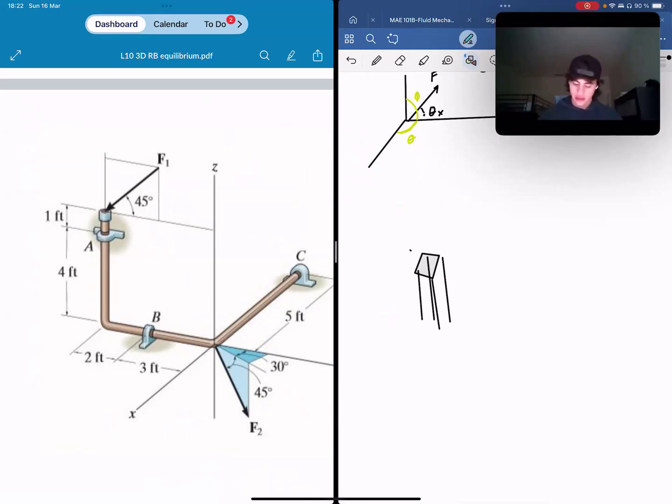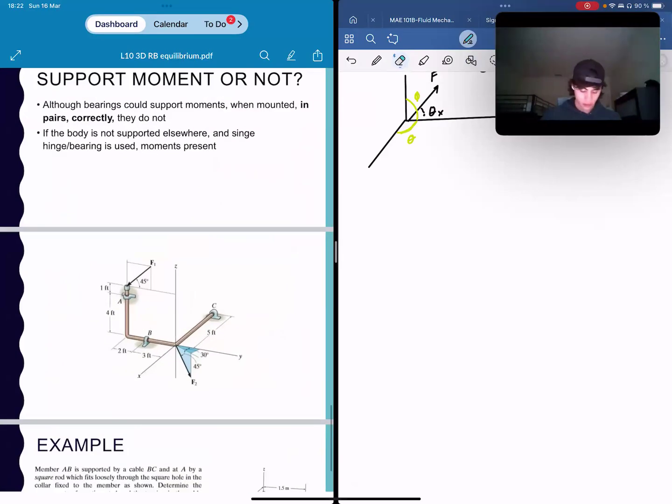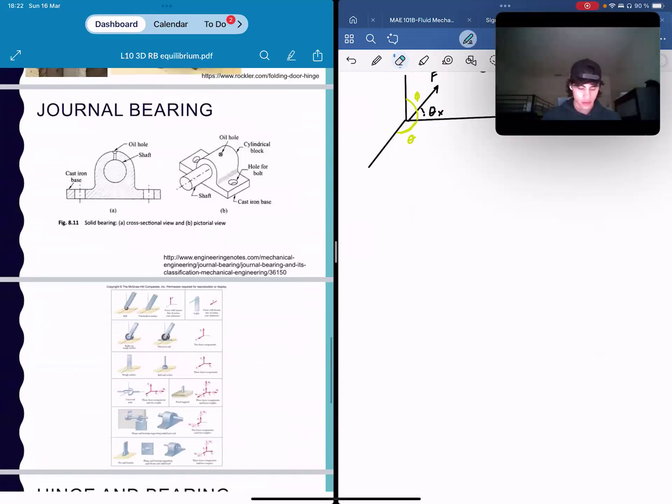So if that is a rectangle and this is a rectangle, assuming they are almost the same size, the rectangular rod is not going to be able to rotate inside that one. So there will be a moment restriction right there. It doesn't seem intuitive at the beginning, and it's easy to ignore, right? It can move along that axis though, so that's important too. But I think that will be it for lecture 10.